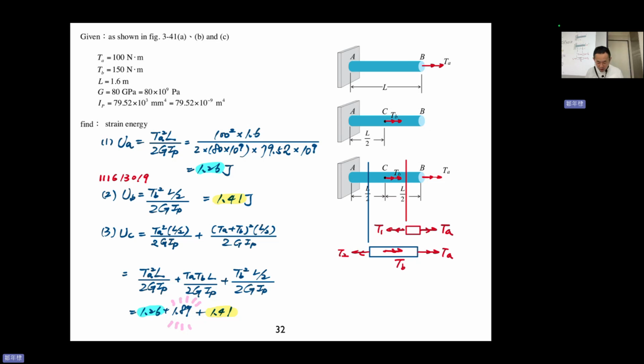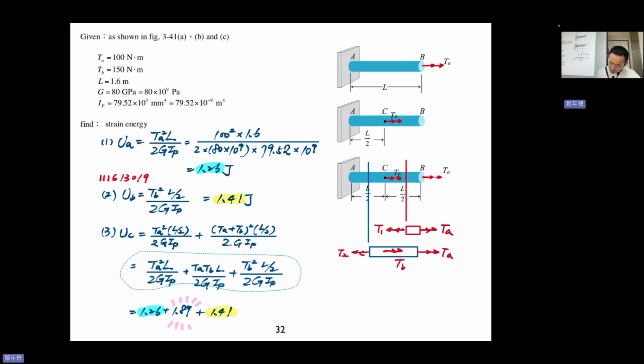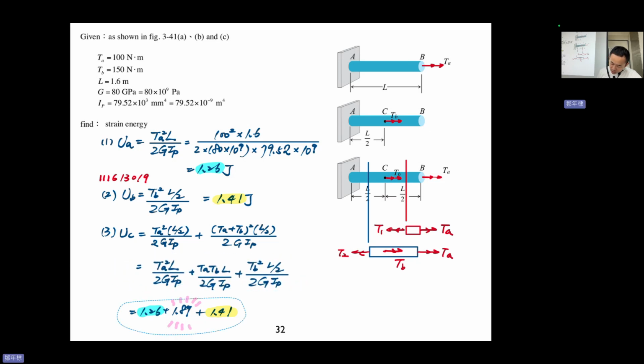You cannot directly sum them up together. That's the concept we learned in the previous chapter, and we want you to know that it applies here as well. All right, almost there.